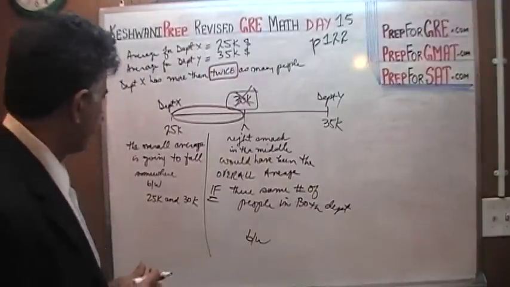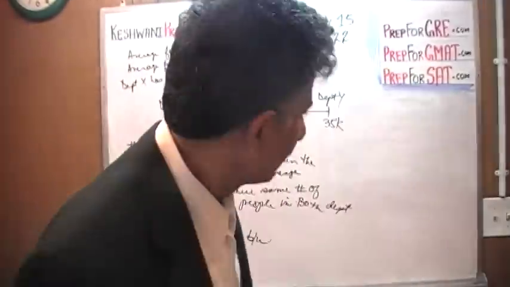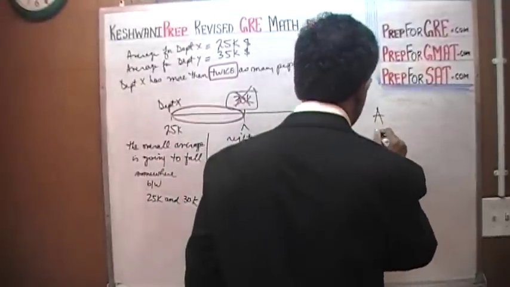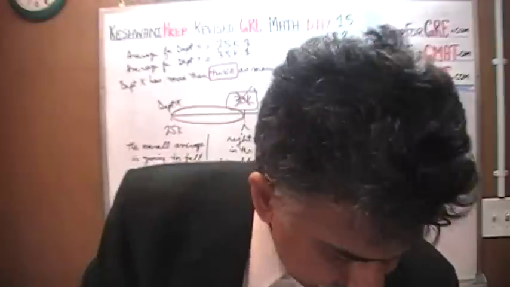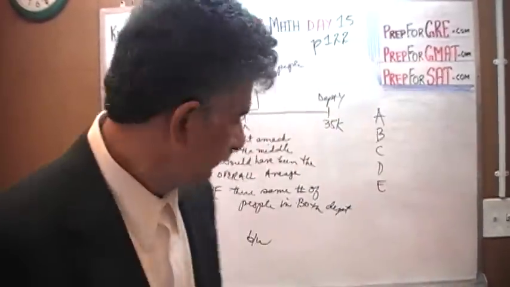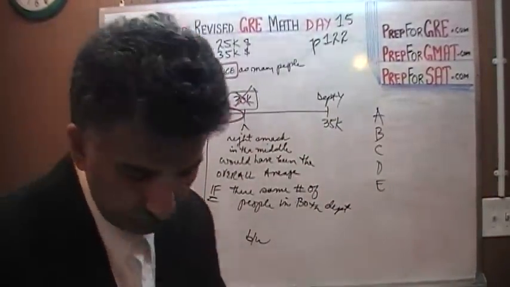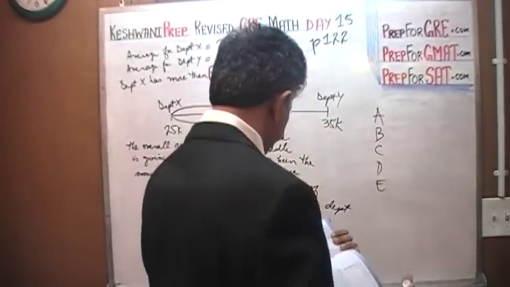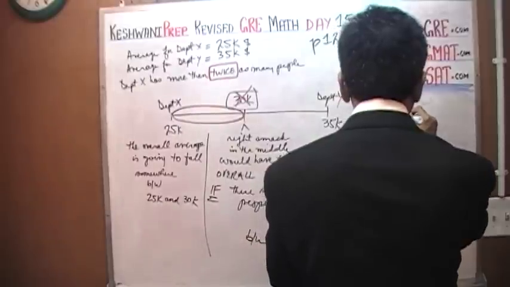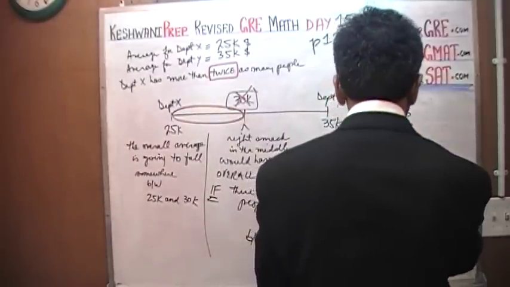So let's look at the answer choices now. Any answer choice that is below 25, any answer has to fall between 25 and 30. So if it's below 25 or above 30, it is wrong. Let's look at answer choices. A says 26, B says 28, C says 29.